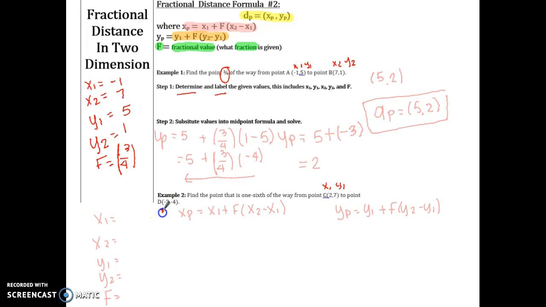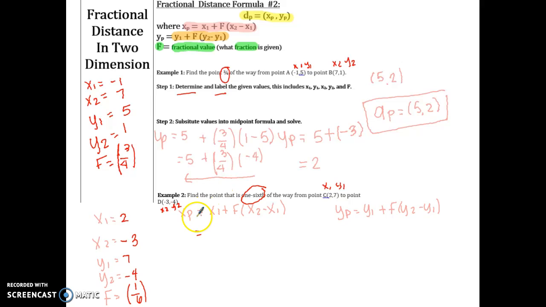Again, let's replace what we know. x1, we said will be 2, x2 was negative 3, y1 was 7, and y2 is negative 4. They want to know 1/6 of the way, so our fraction will be 1/6.